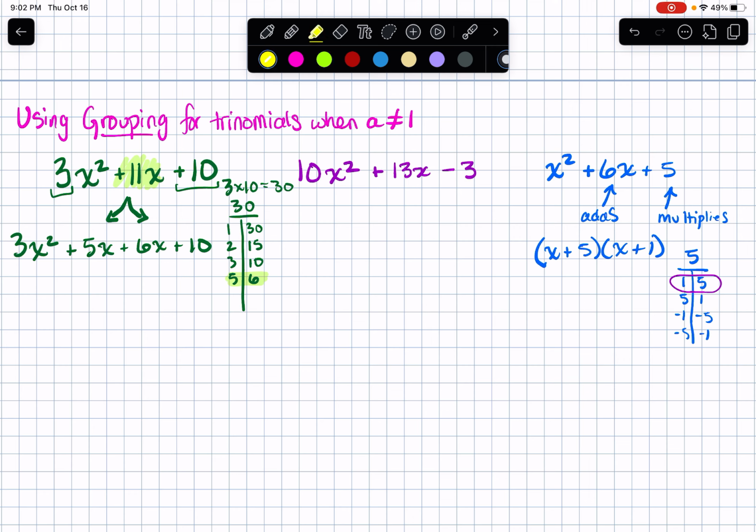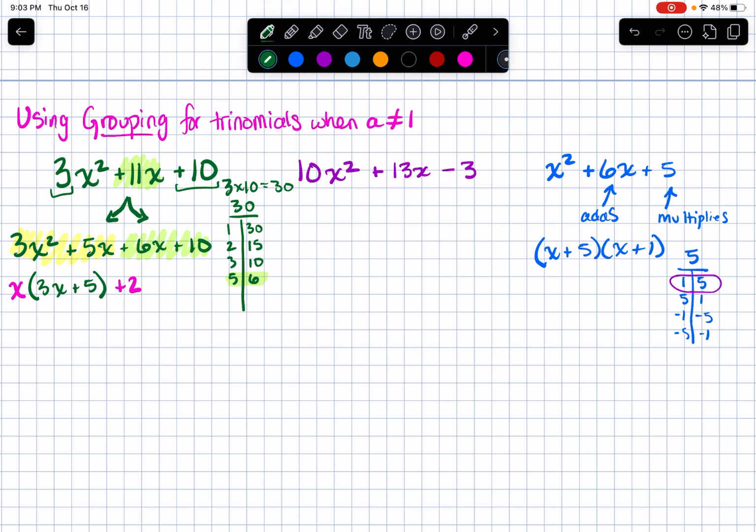Now, I'm going to treat this like I treated my cubics, and I'm going to do factoring by grouping. So here's my front half, here's my back half. In the front half, both of those have an x, but there's nothing else they have in common. So both of those are x. That leaves me with 3x plus 5. On the back half, both of these are multiples of 2.